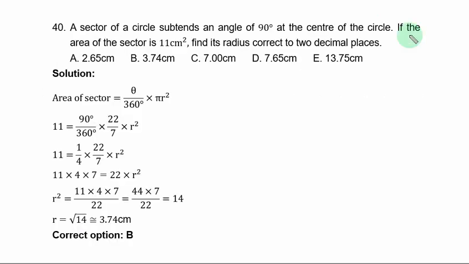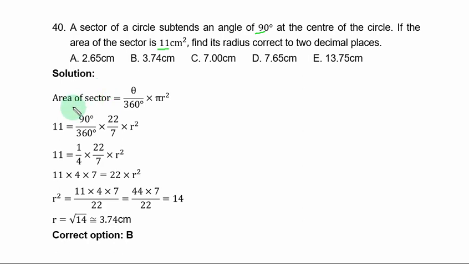Question 40. A sector of a circle subtends an angle of 90 degrees at the center of the circle. If the area of the sector is 11 square centimeters, find its radius correct to 2 decimal places.